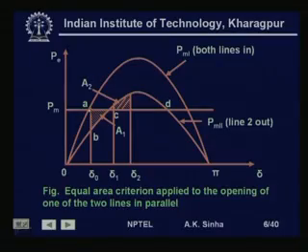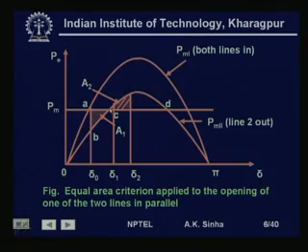So, the operating point shifts from A to B, and the electrical power output is much less than the mechanical input. Therefore, an accelerating power is available, and delta will keep on moving. When it comes to this point, P m and P e will be equal, but the speed will be somewhat higher than the synchronous speed.